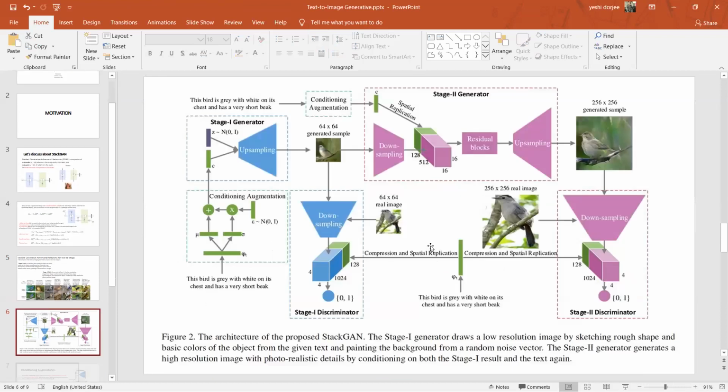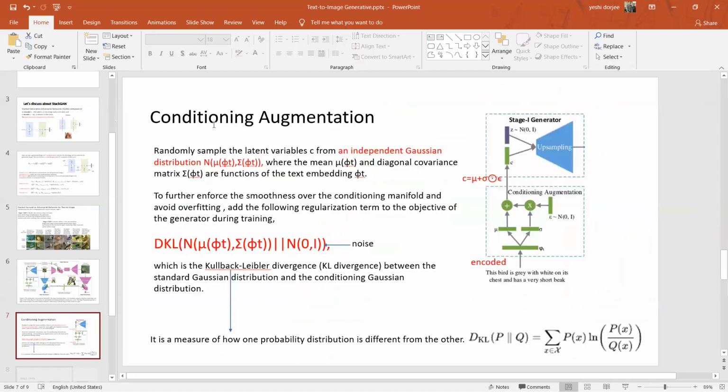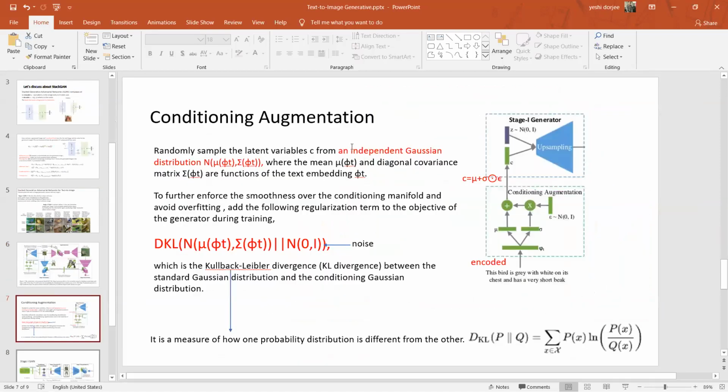What is the architecture of this application? This is the main architecture of the project, where there is condition augmentation, stage 1 generator, stage 1 discriminator, stage 2 generator, and stage 2 discriminator. Let's discuss them one by one. Why do we use condition augmentation?